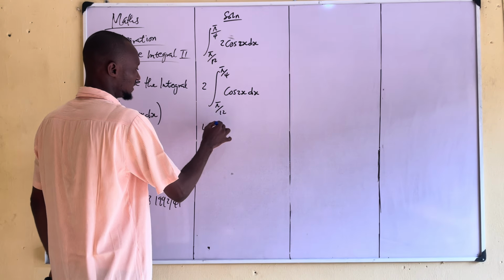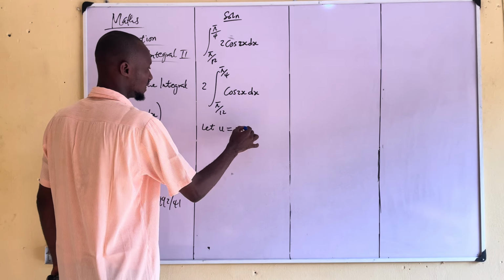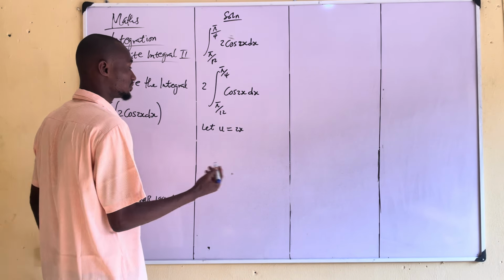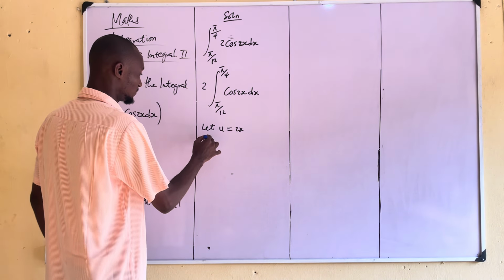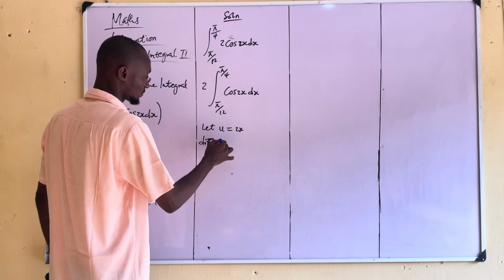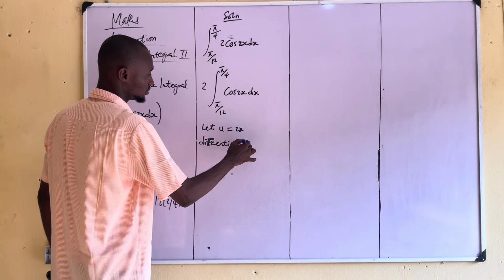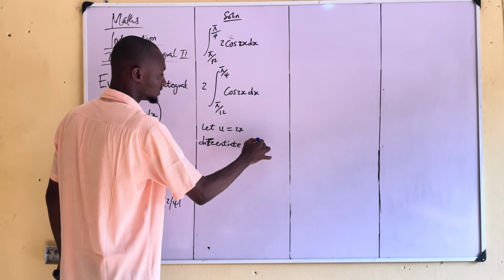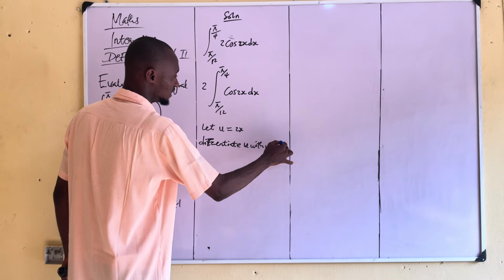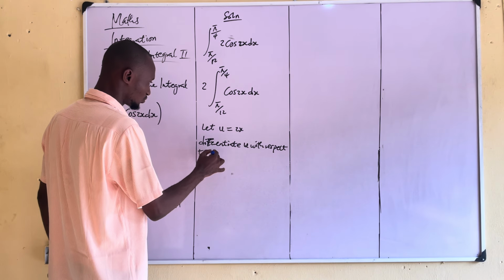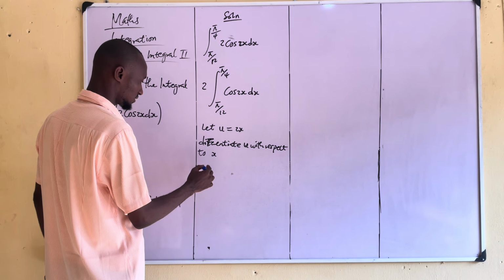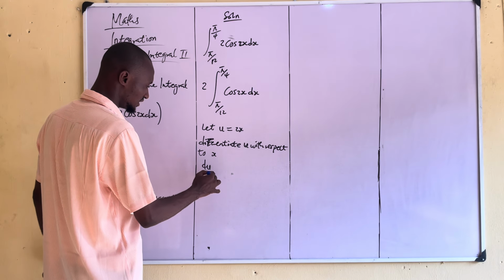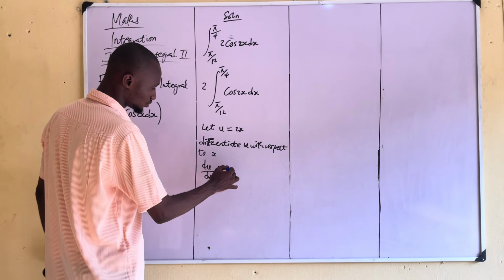You say, let u equal 2x. Next step, you know the story: differentiate u with respect to x. That is du dx equal to 2.